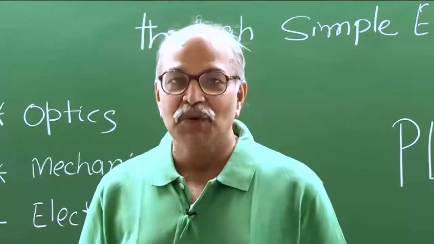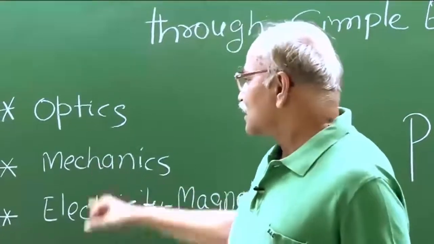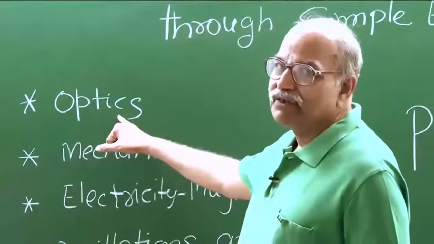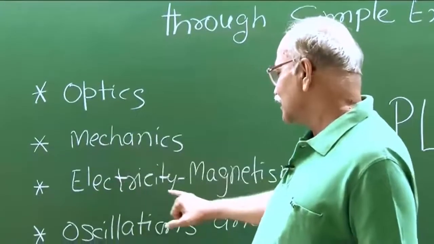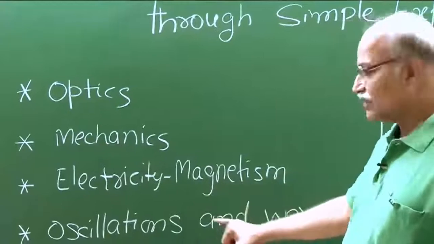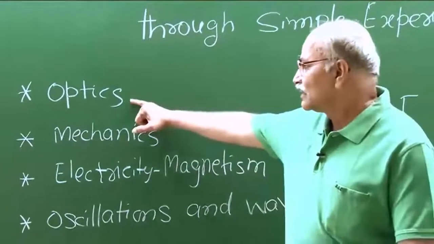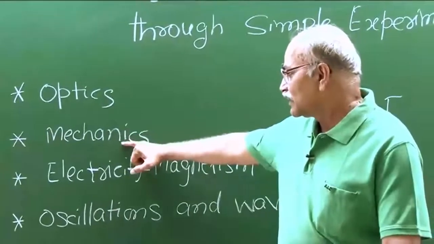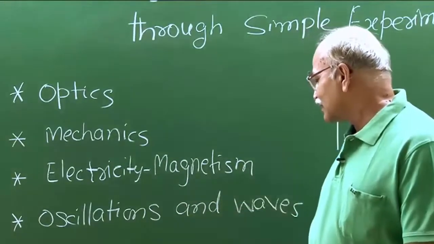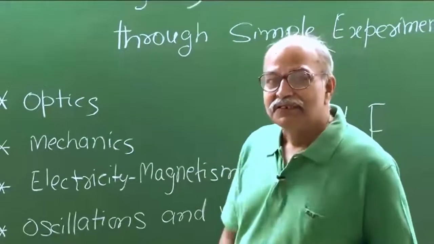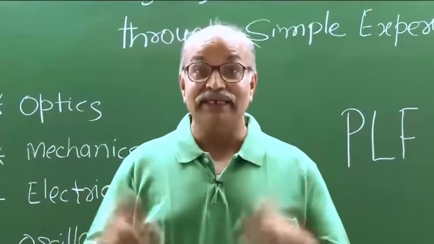But still, broadly I have divided it in 4 parts, that is optics, that will be our first module, and then mechanics, and then electricity magnetism, and then oscillations and waves. So roughly 2 weeks on optics, 2 weeks on mechanics, 2 weeks on electricity magnetism, and 2 weeks on oscillations and waves. So we will start with our first module, that is optics, light.